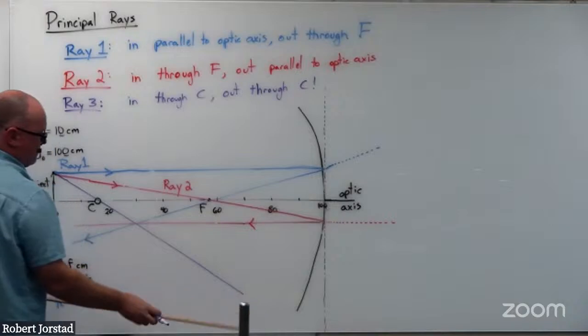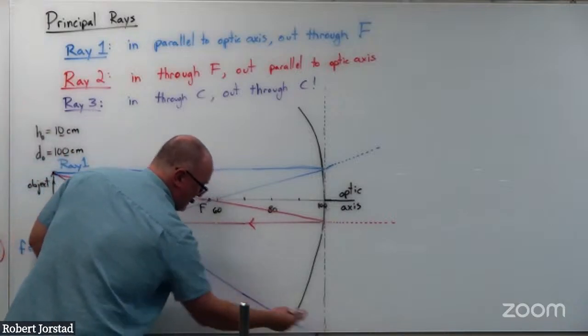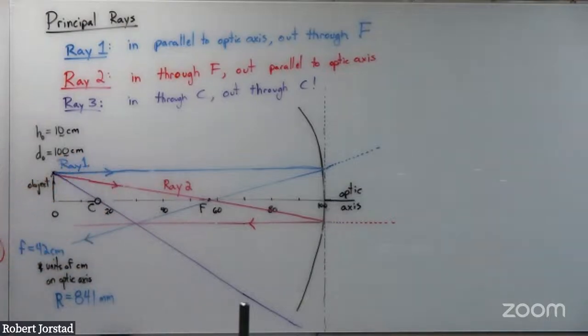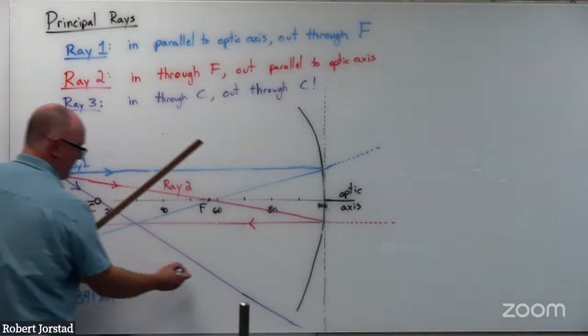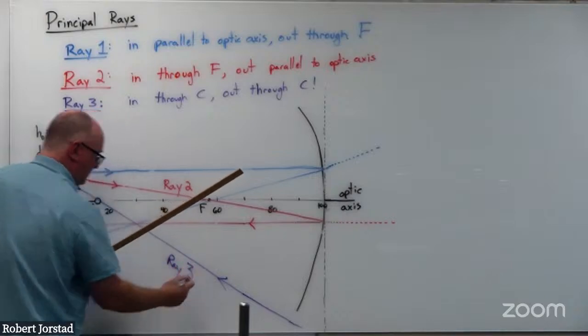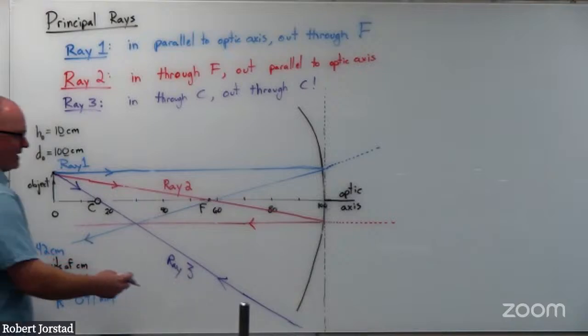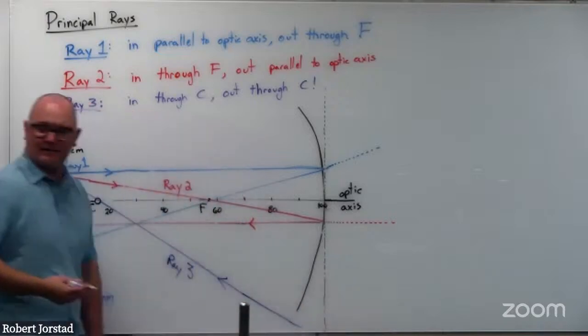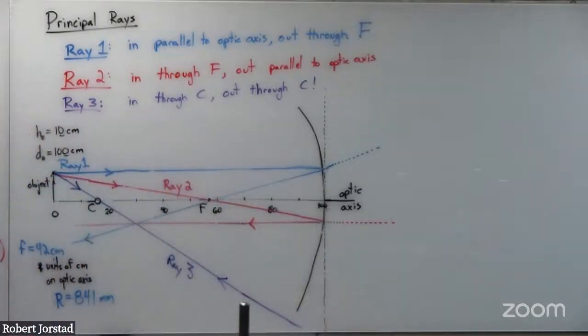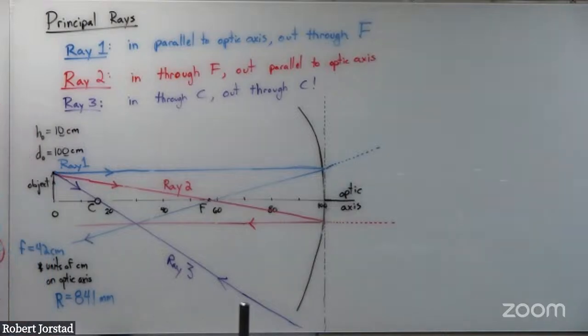Now this isn't going to reach the mirror, but you can kind of get the idea. It would meet up right about down there. So it goes in this way and then back out that way, and I'll label this one as ray 3. Now you could back extend it as well, way down there. Cool. So out of all this, it looks like we're expecting an image right about here.